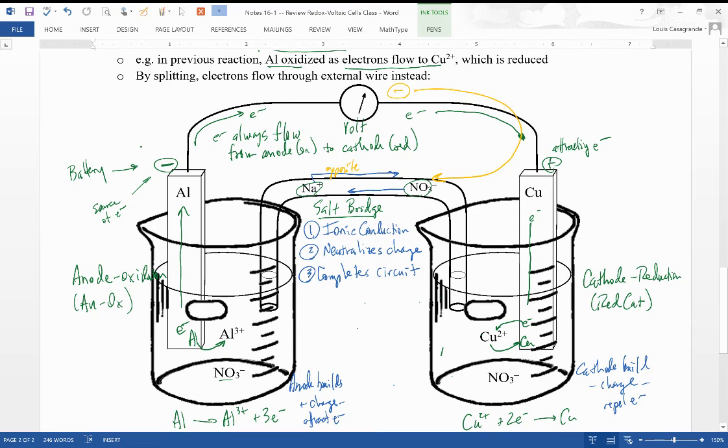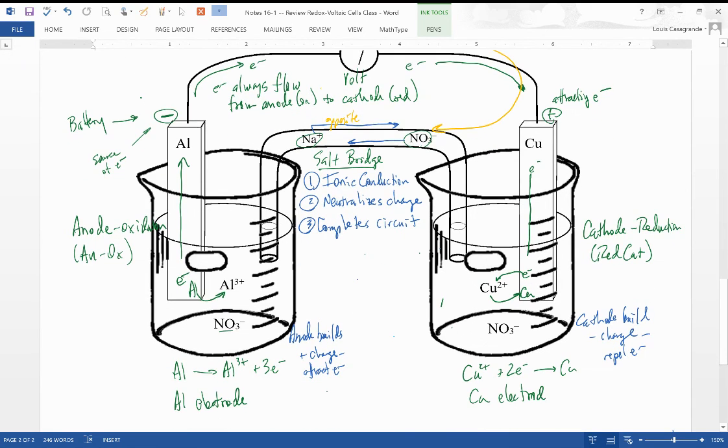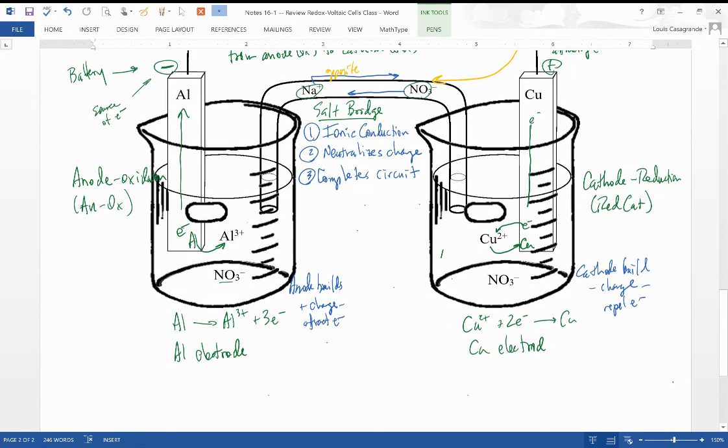A couple of more things, and we will be done. You notice that in the electrodes, the aluminum is coming out of the electrode. So the aluminum becomes the aluminum 3+, and that aluminum 3+ is what dissolves. Please don't say the aluminum dissolves. The aluminum becomes aluminum 3+, and it dissolves. Because it dissolves, the aluminum is going to lose mass.